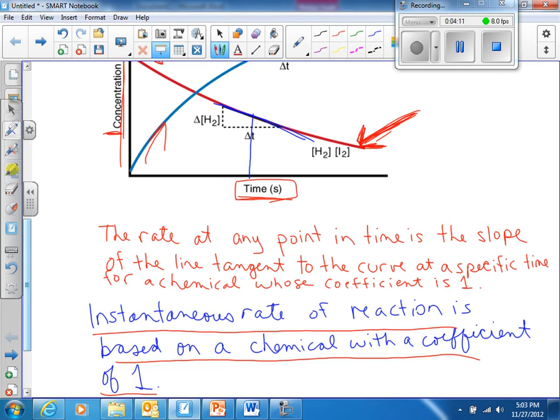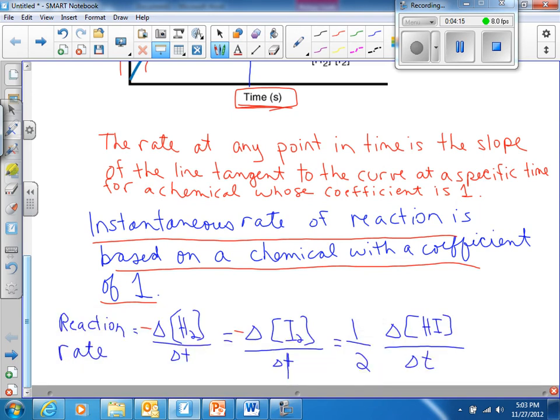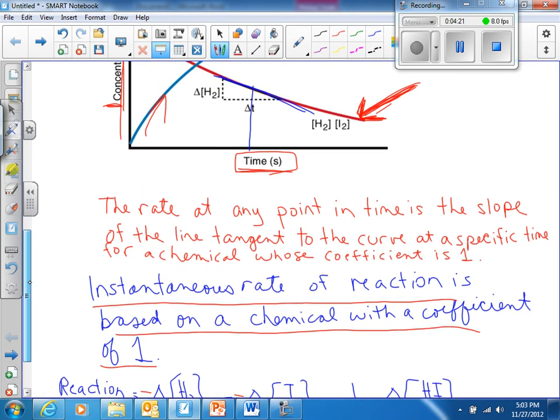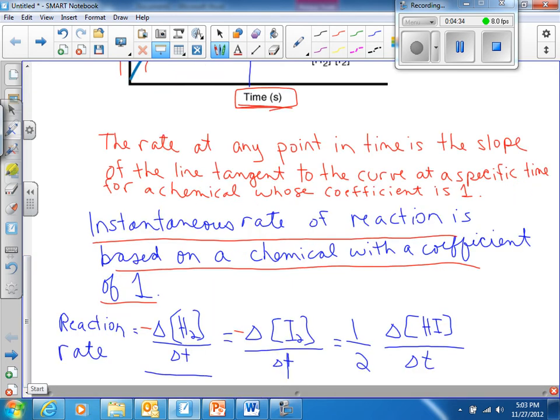Now, when we are looking at rates, we want a positive rate. So now let's just look at this real quick. Remember, slope is the change in y over the change in x, which would be delta H2 concentration over delta T. Right here, the change in H2 over the change in time.